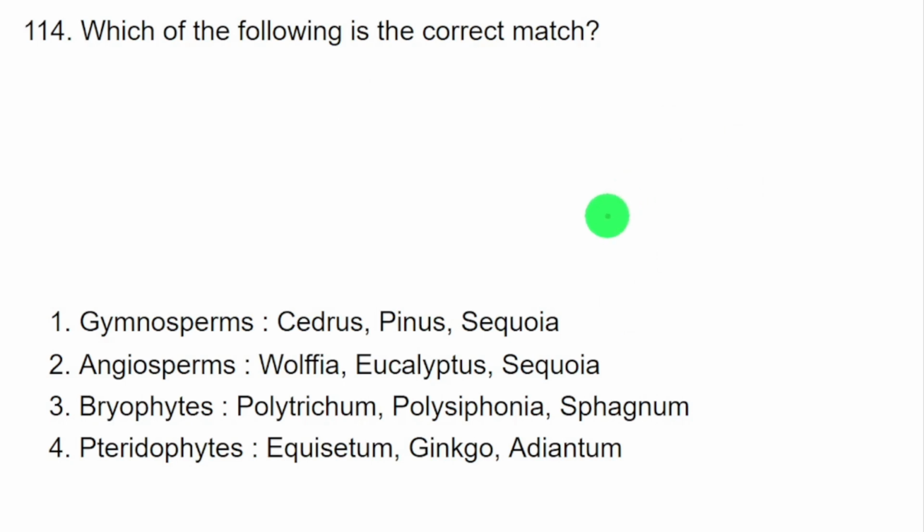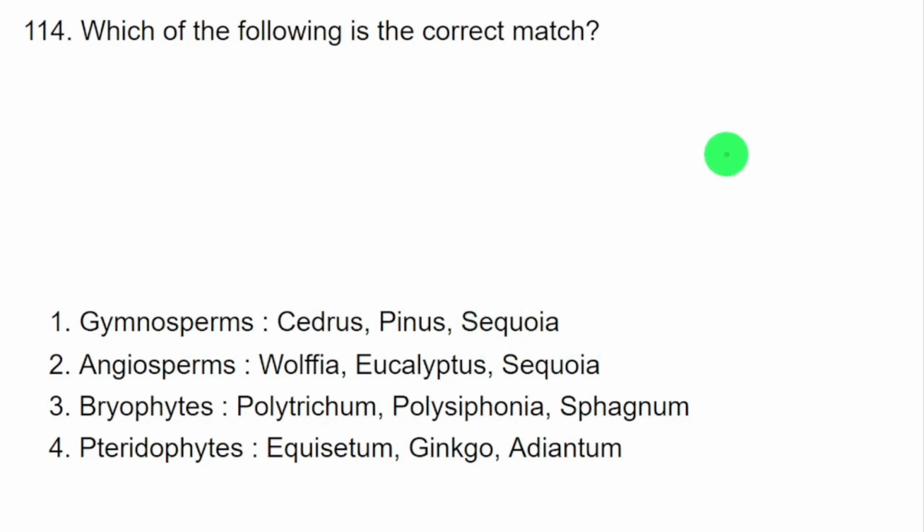So you have to revise the names again and again, maybe 100 times, so that everything is on your fingertips. And then only you will be able to attempt such questions calmly and quickly and correctly.